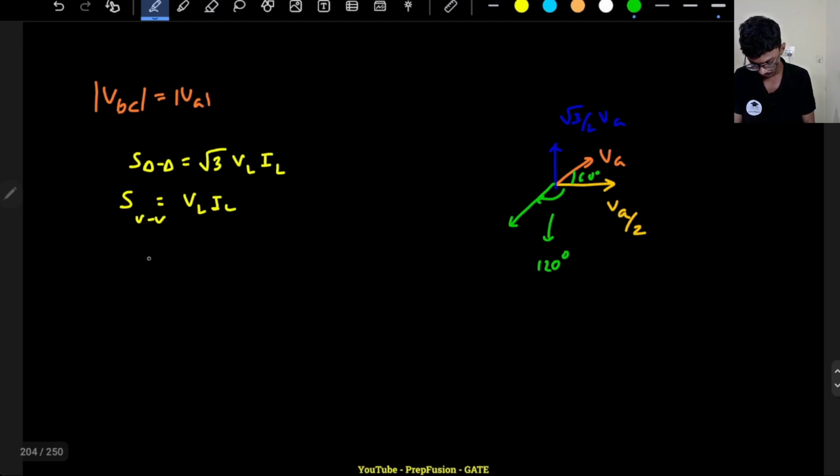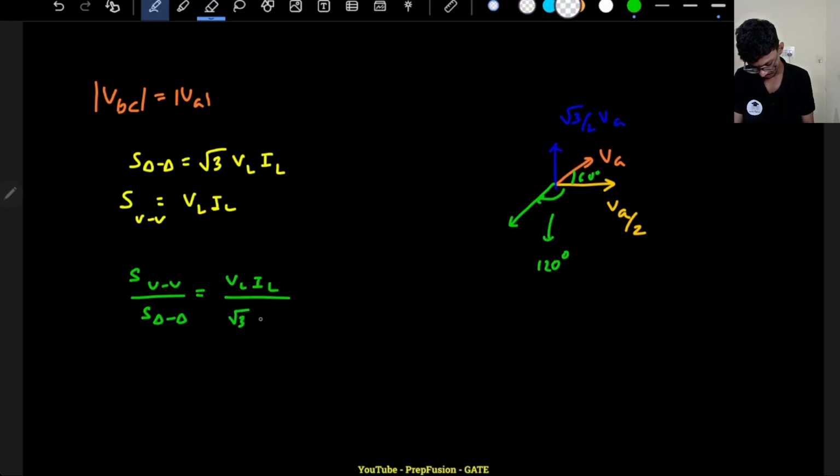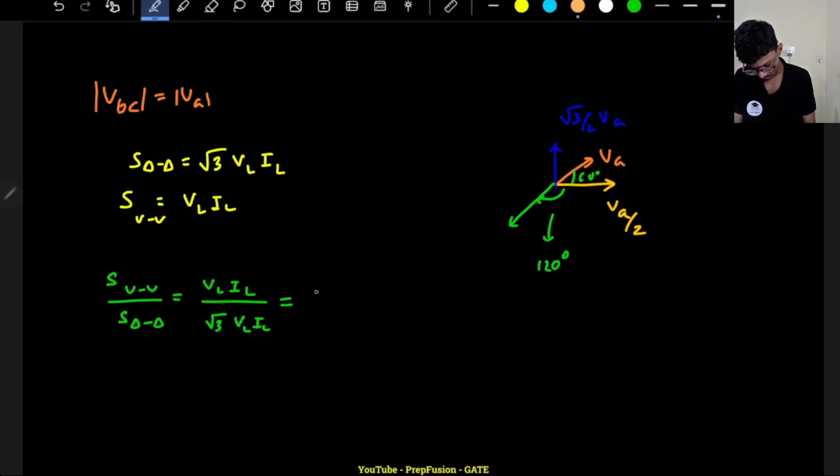So SVV upon S delta-delta will be VL IL divided by root 3 VL IL. This will come out to be 1 by root 3 into 100%, basically 57.7%.